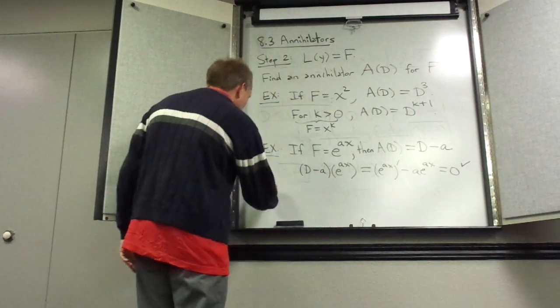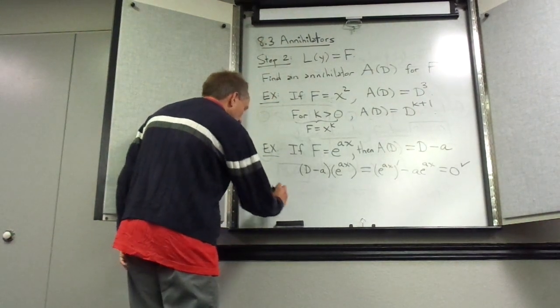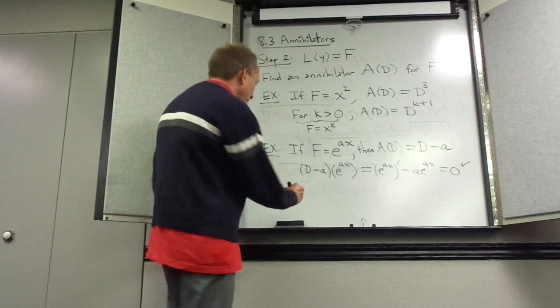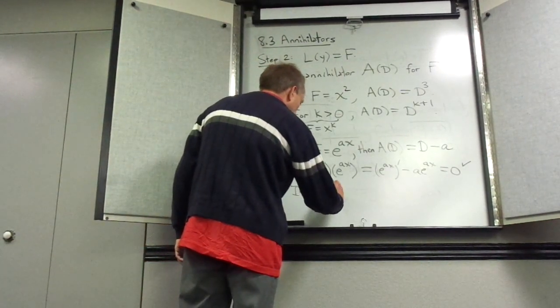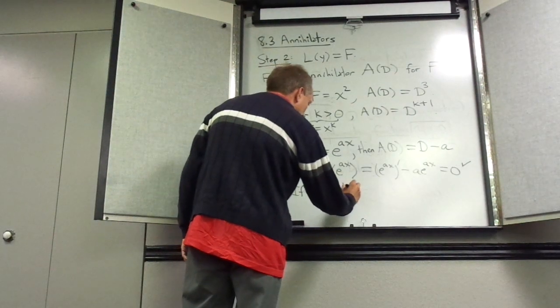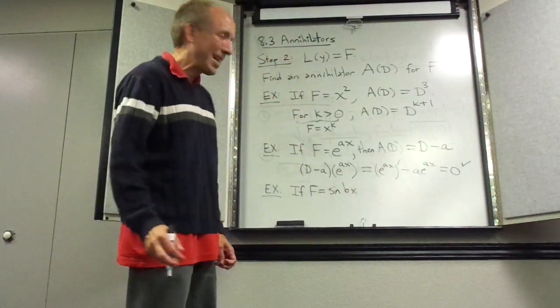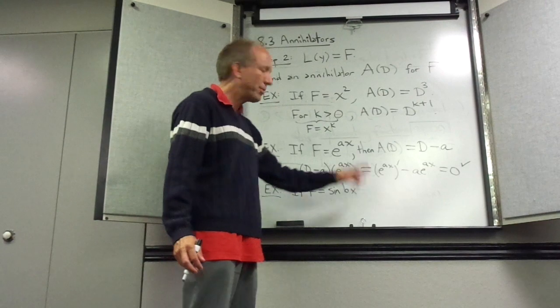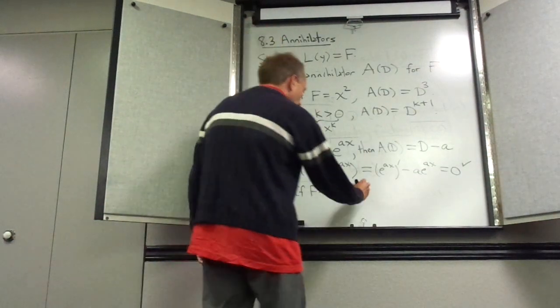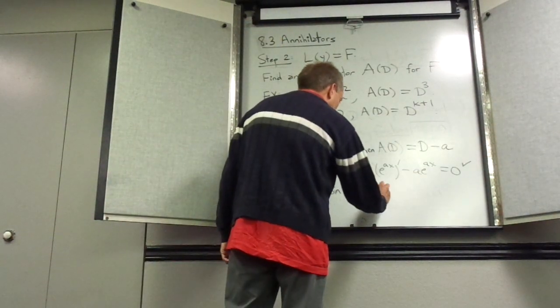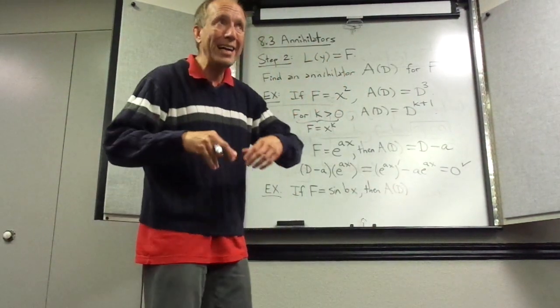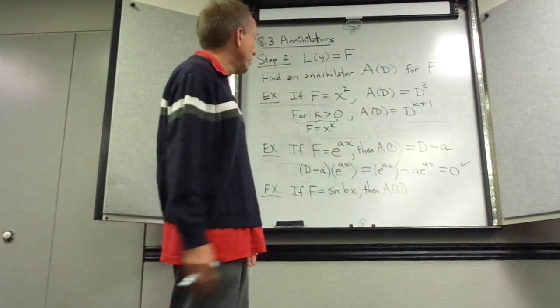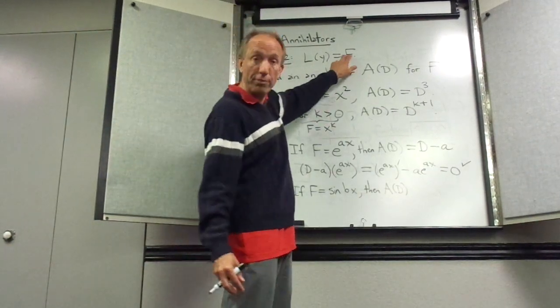Okay, how about just another example? Suppose that capital F was, let's just say it was the sine of bx. Okay, so the sine of something times x. Well, the question is, what would annihilate that? And by the way, I'm going to explain in a moment why I want to find annihilators for the different choices of capital F over here.